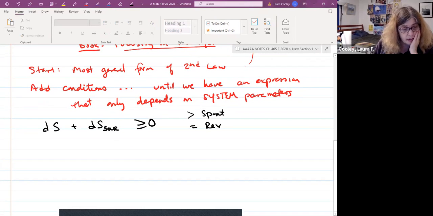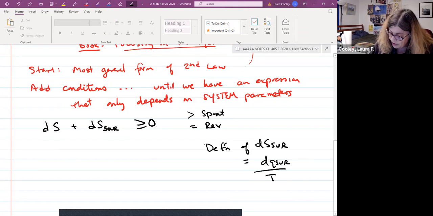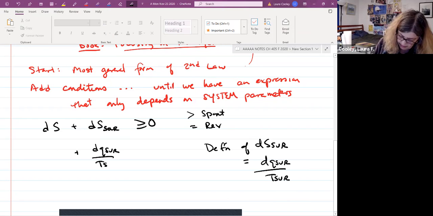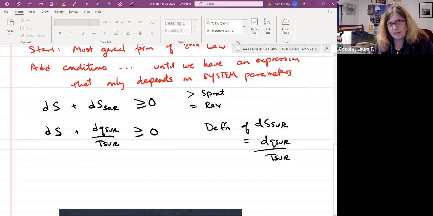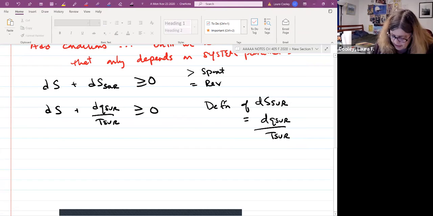First thing we're going to do is use the definition of dS surroundings, and that definition is that dS surroundings is dq surroundings over T surroundings. So it seems like we're failing, right? Because now we have surroundings in two places, but no, we're going to get rid of it. This is still general.